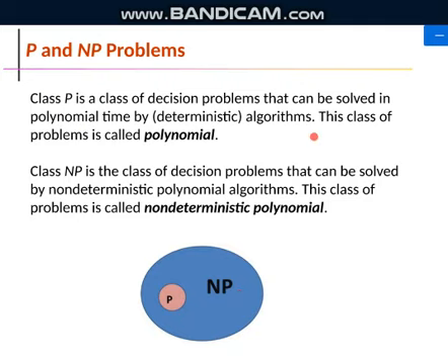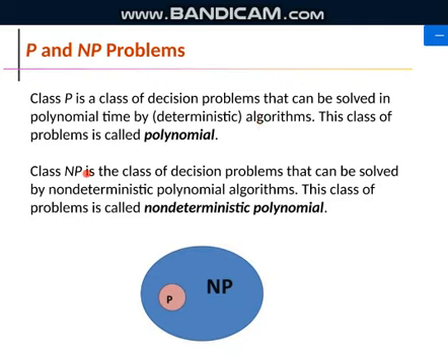So class P is a class of decision problems that can be solved in polynomial time, and these types of problems are called deterministic algorithms. Okay, so deterministic means the algorithm already exists, the way to solve the problem exists, so we are just applying that.